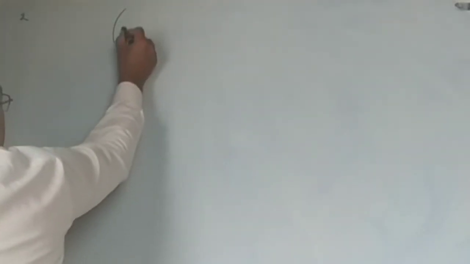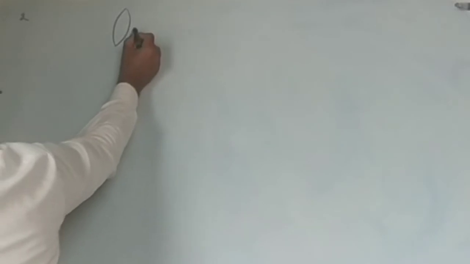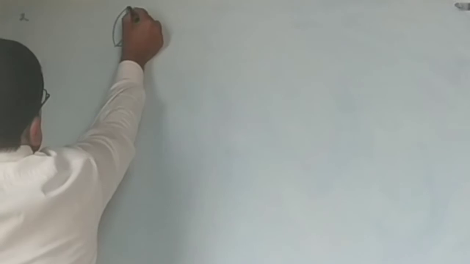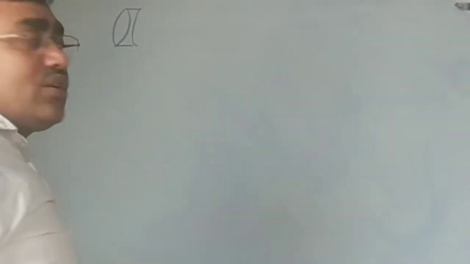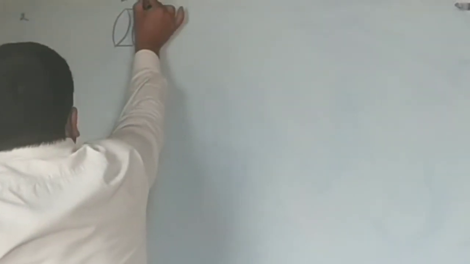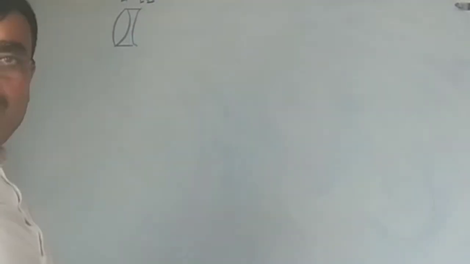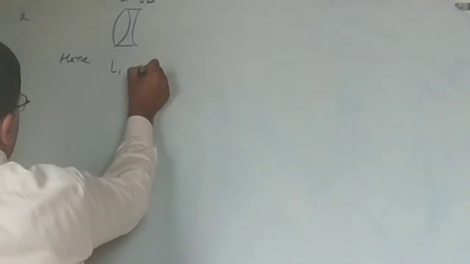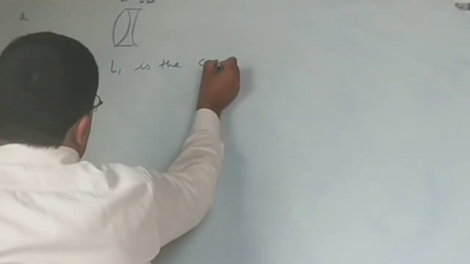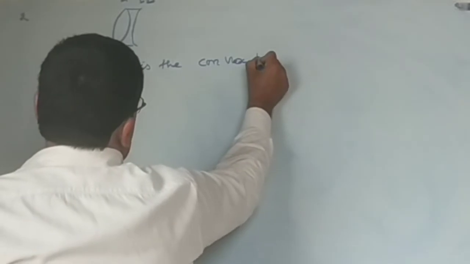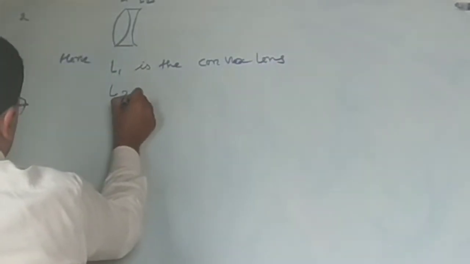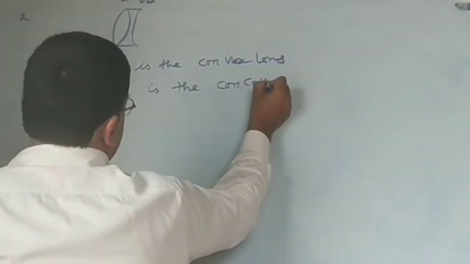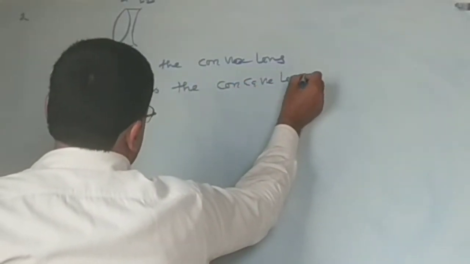This is the convex lens and the other lens is concave. Okay, this is the lens L1 and this is the lens L2. L1 is the convex lens, L2 is the concave lens, okay.